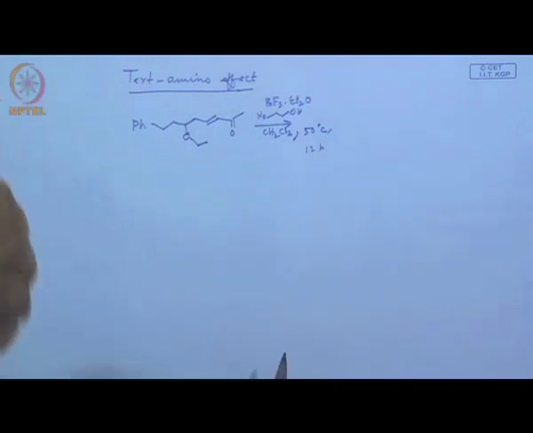So, you should be able to predict the reaction product. Probably towards the end of the class, we will see whether we can predict the reaction products of these. Okay.